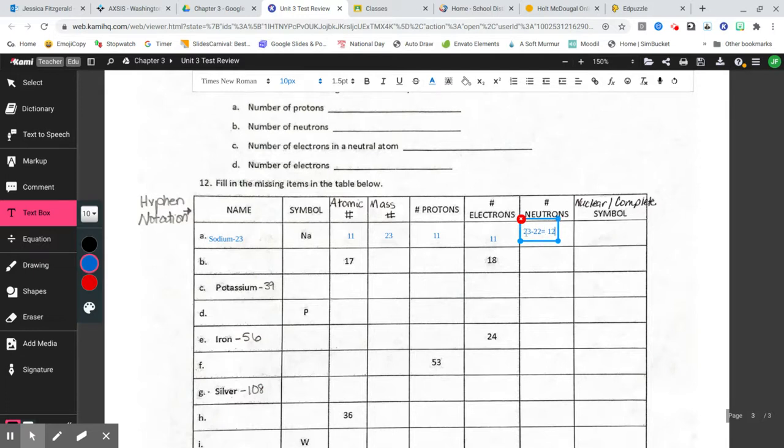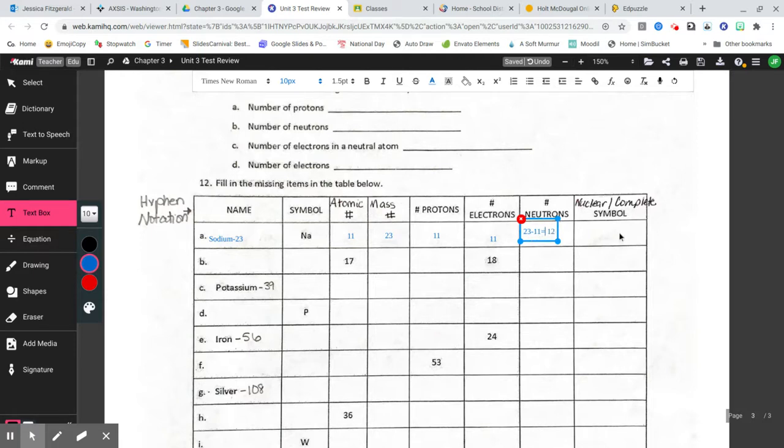You don't have to put this work in here. I'm just putting this here. There we go. 23 minus 11 gives you 12. So you don't have to put your work here, mass number minus atomic number, to get your number of neutrons.